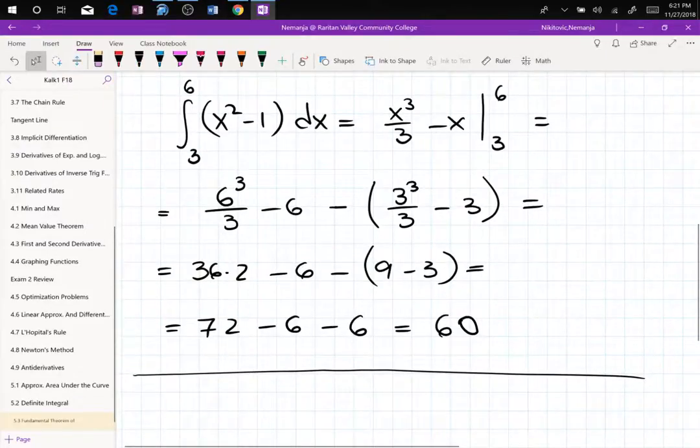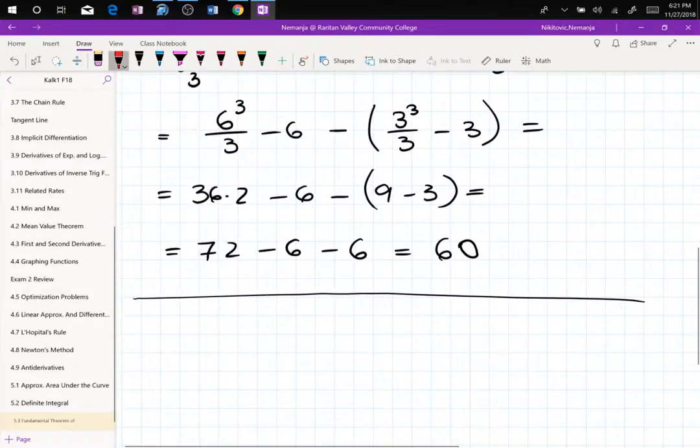We also learned that this gives us the area under the curve as long as the function is not going below the x-axis. And if the function does go below the x-axis, you have to cut that piece off and use the absolute value on its answer so that we don't get negative area, subtracting, and all of that stuff.